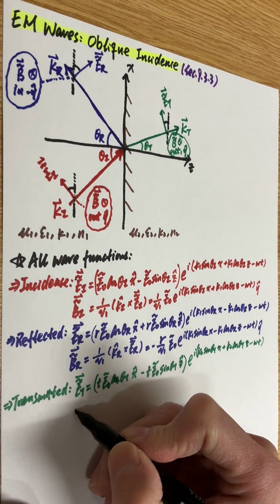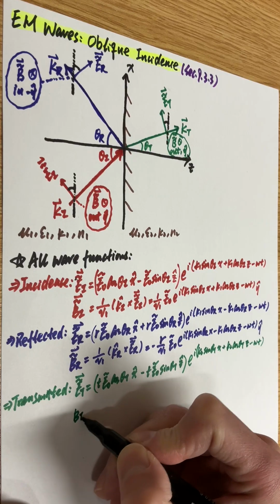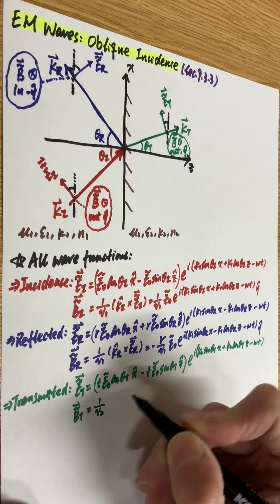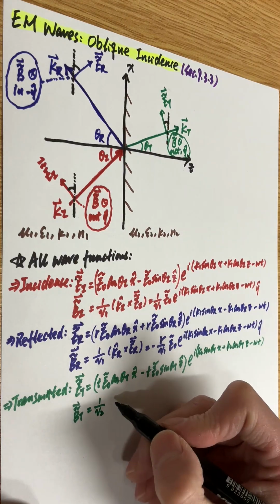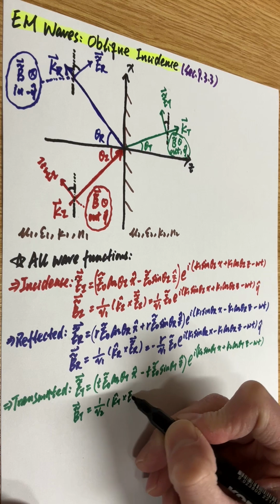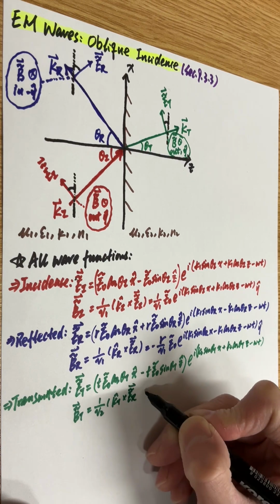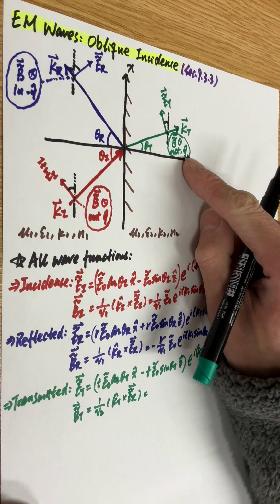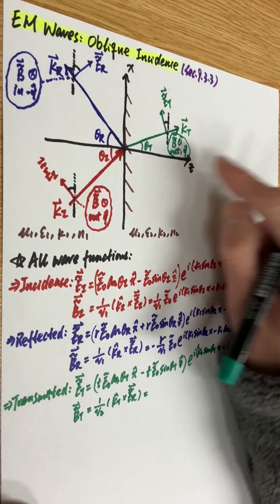Okay, and then the magnetic field is 1 divided by V2 now, the second medium, and then kappa t cross the electric field. We know the direction is going to be y direction.